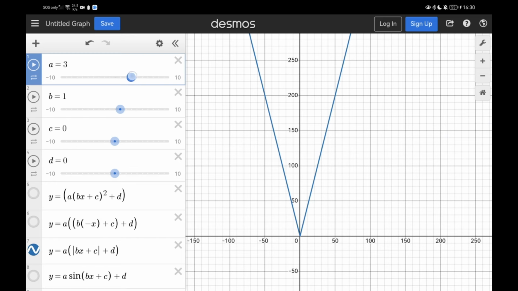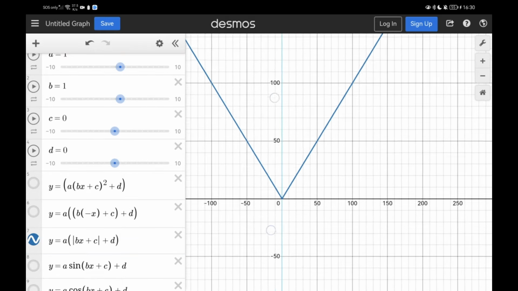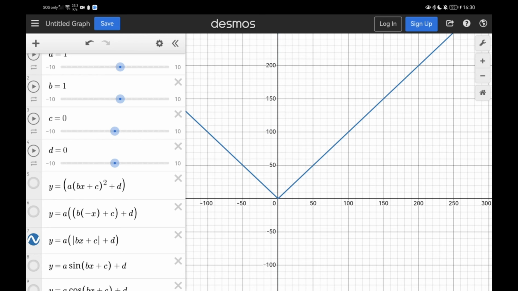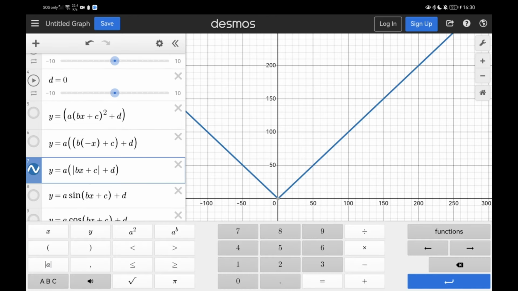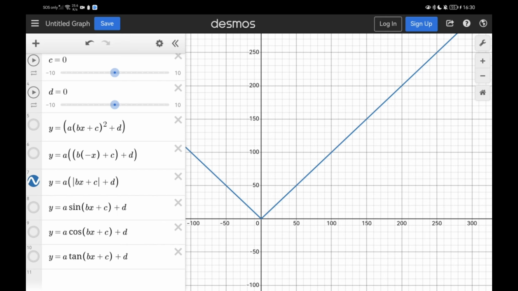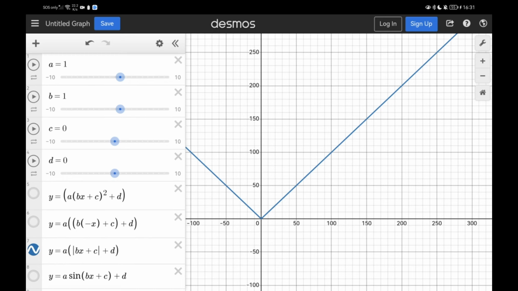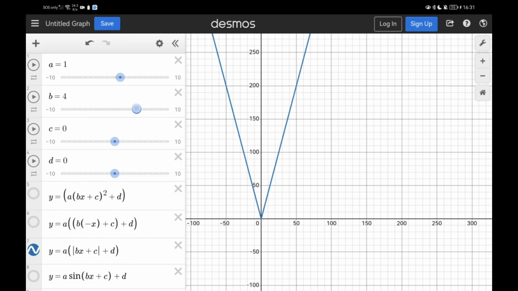Let's get the 4 back to 1. Let's see the coefficient of x, that is b, because we want to investigate the stretching parallel to the x-axis with the scale factor of the reciprocal. In order to let this gradient, the coefficient of x, become more positive, let's say I set my b as 5.